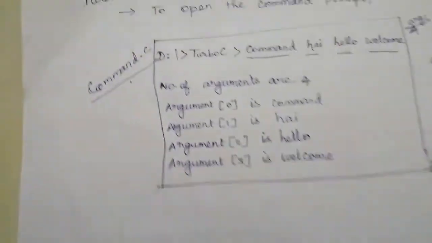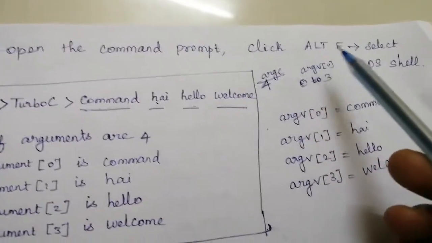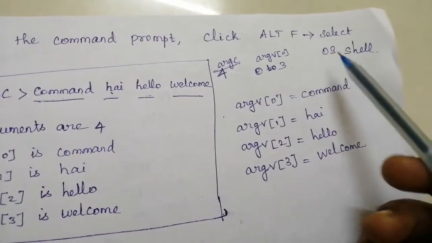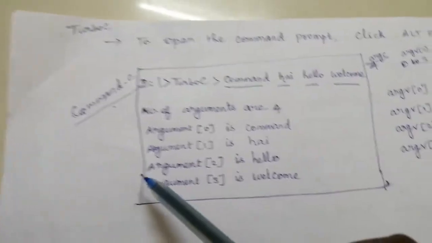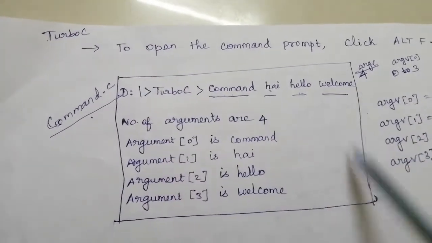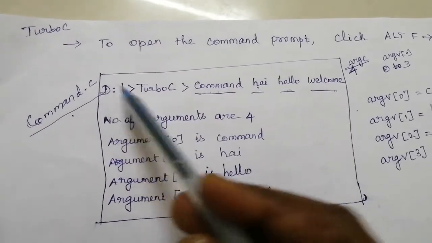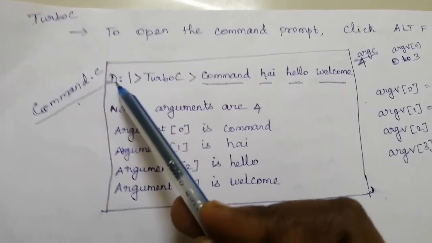In order to open the command prompt in Turbo C, you have to select Alt F, then select OS shell. When OS shell is selected, the command prompt box will be opened to the user. Here this information will be displayed. This Turbo C has been located in drive D.